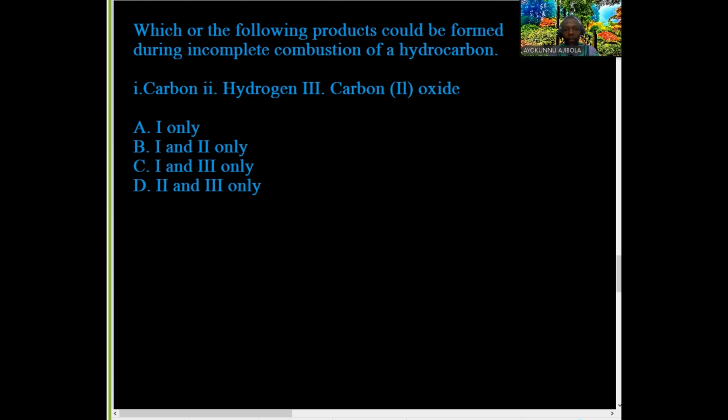It's correct. Incomplete combustion occurs when the supply of air or oxygen is poor. Water is still produced, but carbon monoxide and carbon are produced instead of carbon dioxide.